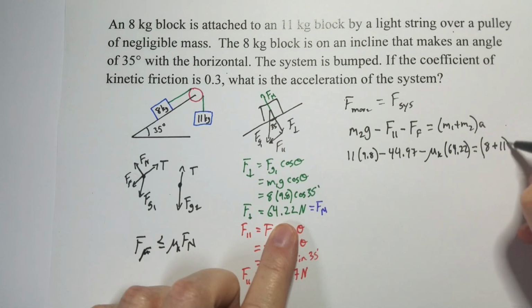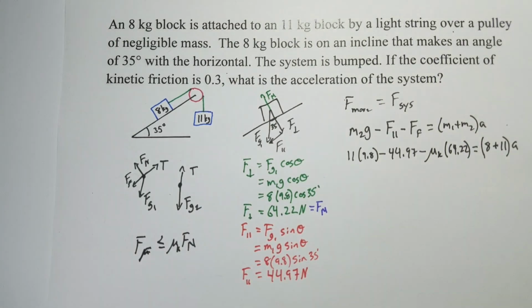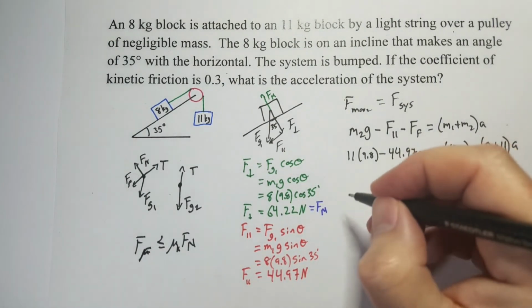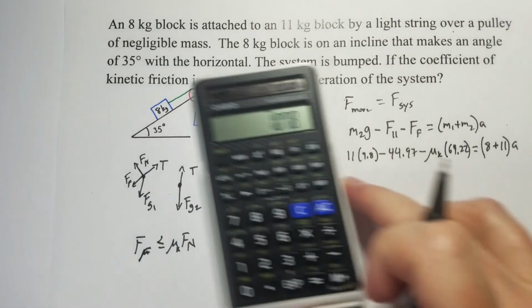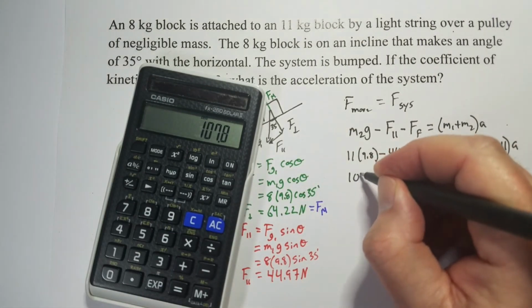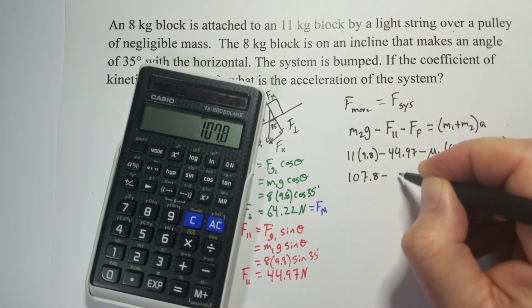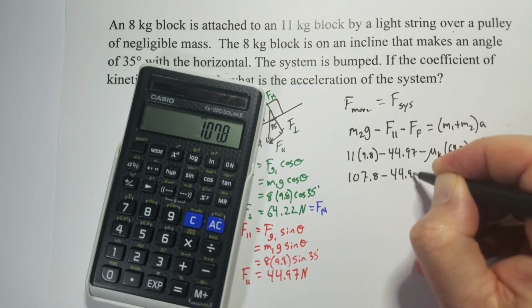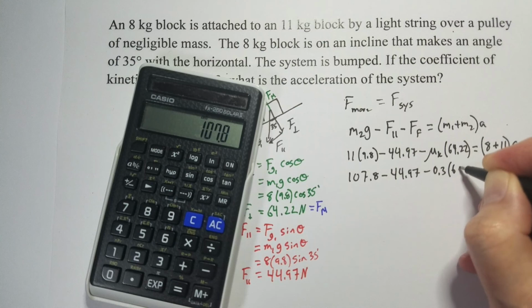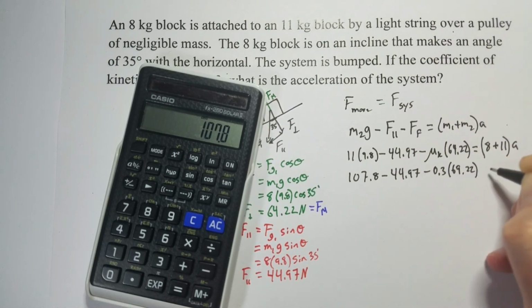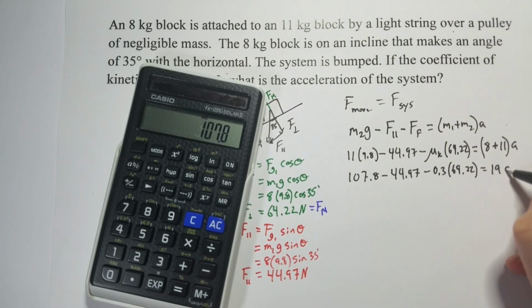Mass 2 is 11. We've got to find a. So let's plug in all the numbers. 11 times 9.8 is 107.8, minus 44.97, minus 0.3 times 64.22, equals 19a.